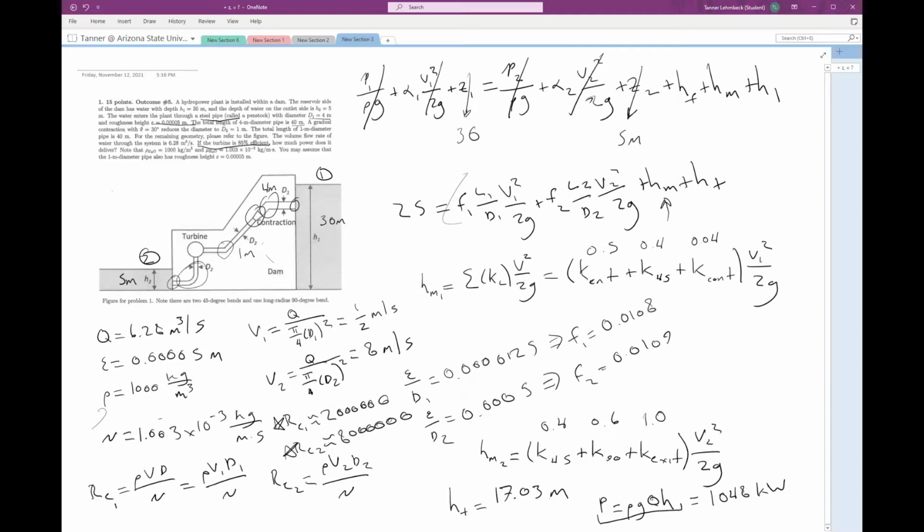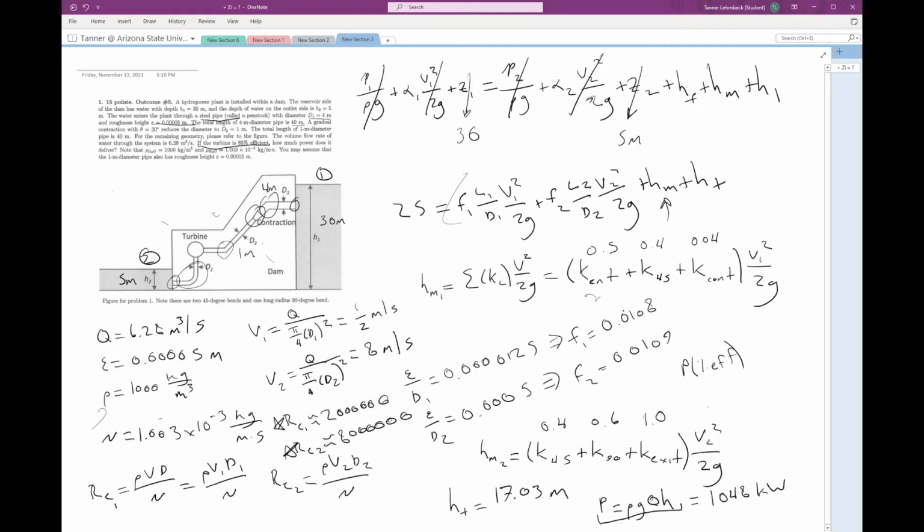But we're told that the turbine is only 85% efficient, meaning it's really only going to produce 85% of the theoretical energy that it would be producing. So to find the realistic power output, we're going to take this power and multiply it by our percent efficiency.